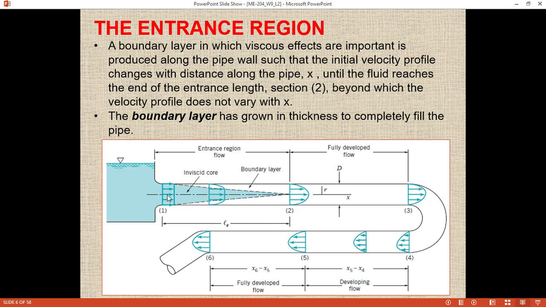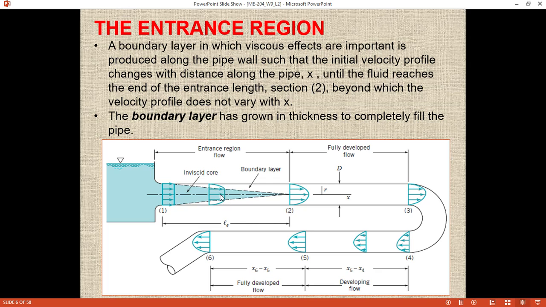So as you move forward along the x-axis, the velocity profile changes from uniform to some other profile, okay. So that means in this portion the velocity changes along the x-axis and along the radial axis.